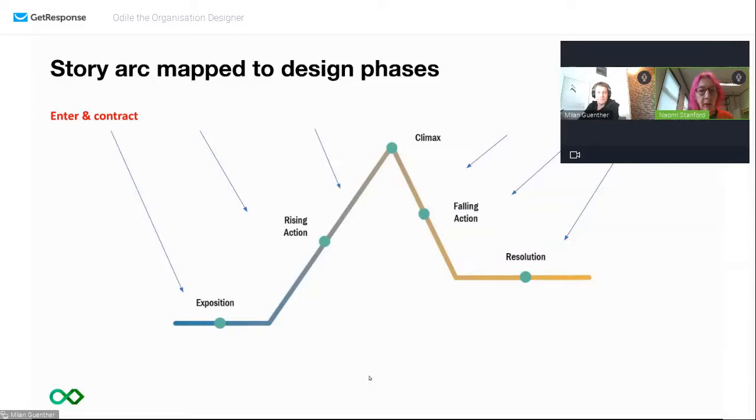The second phase, as the action rises, is assess. The third part is the design. And it's these 3, and particularly the design, where people get tremendously excited. They think, right, we're going to move into a new design. And then you hit the climax of it all.